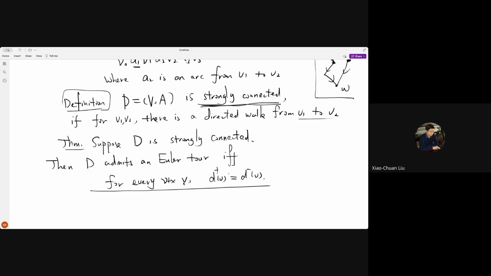So for every vertex, the number of ways to go away from the vertex is equal to the number of ways you arrive at that vertex. Okay, do you think this formulation makes sense?